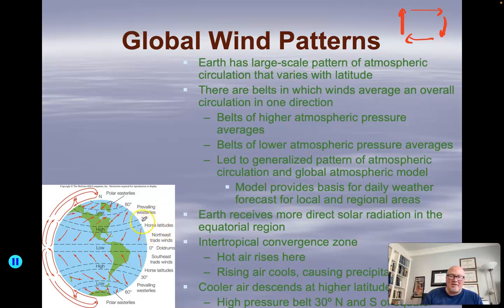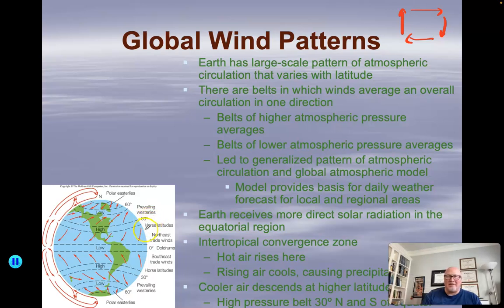Horse latitudes, you get the same thing happening one more time up here where the air actually falls, and you get this area of high pressure that falls back towards the ocean. Well, what that creates is an area here where you don't really have any prevailing winds moving one direction or the other, and we call these the horse latitudes.